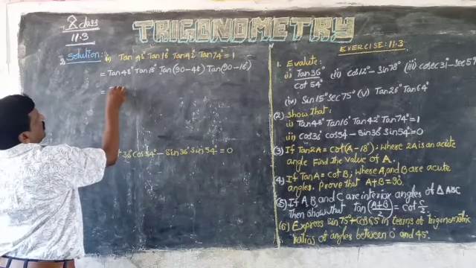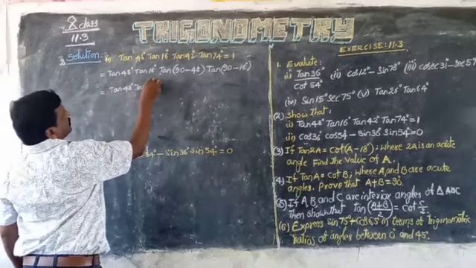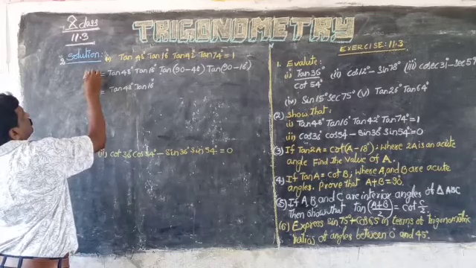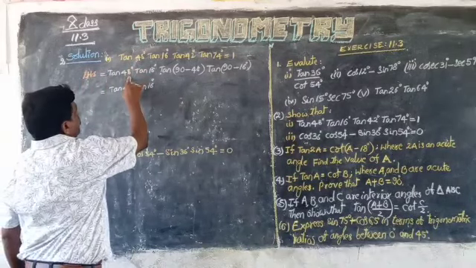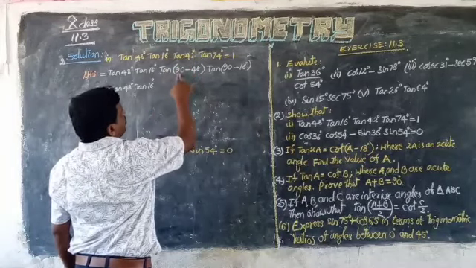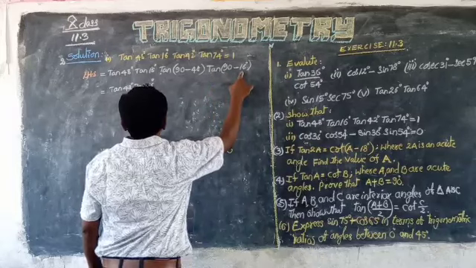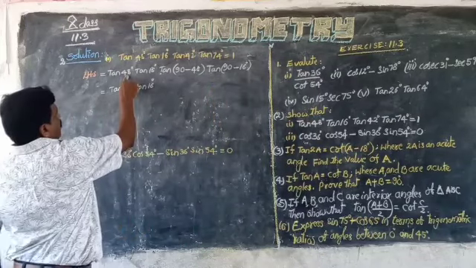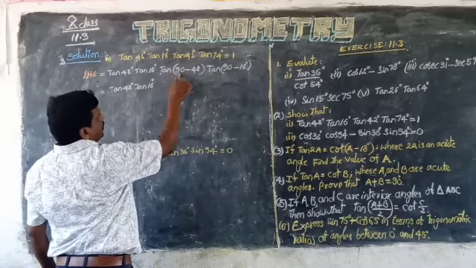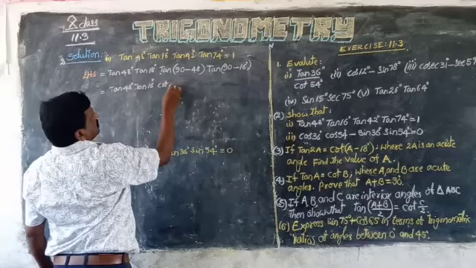So LHS is equal to tan 48 degrees, tan 16 degrees, tan 90 minus 48, tan 90 minus 16.